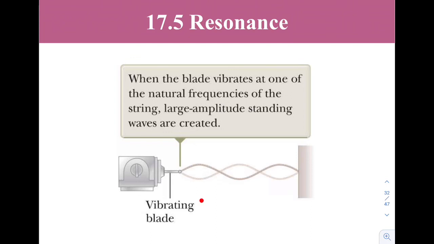This is figure 17.16 on page 465 from your textbook, where we have a string being driven by a vibrating blade, the source of the vibration or wave. When the frequency of the blade equals one of the natural frequencies of this string, what will happen? Standing waves are produced and the string is going to oscillate with a large amplitude.